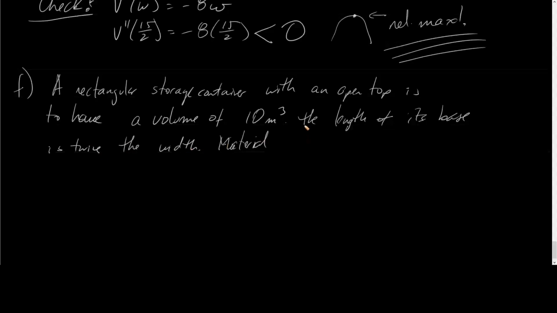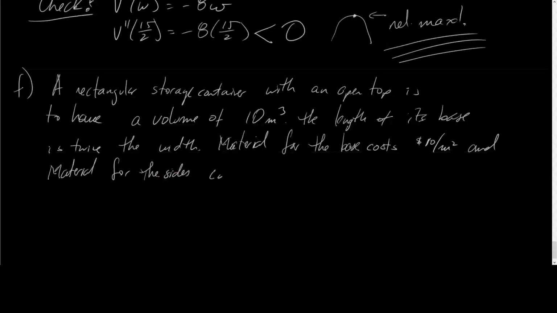Material for the base cost $10 per square meter, and material for the sides cost $6 per square meter.